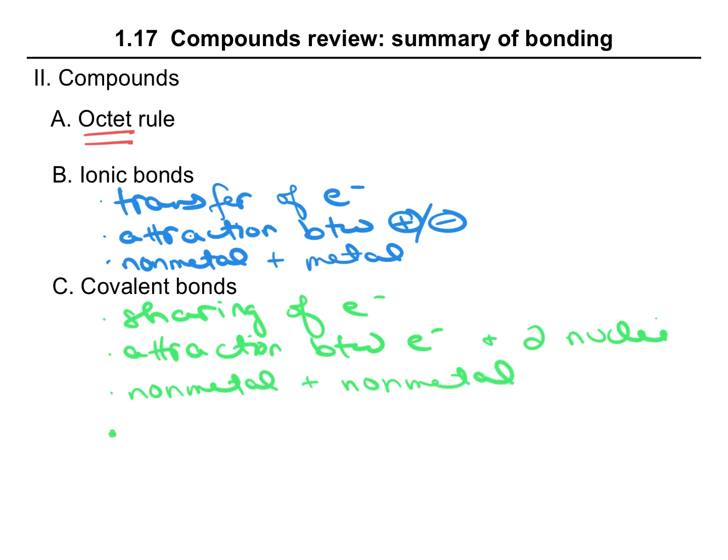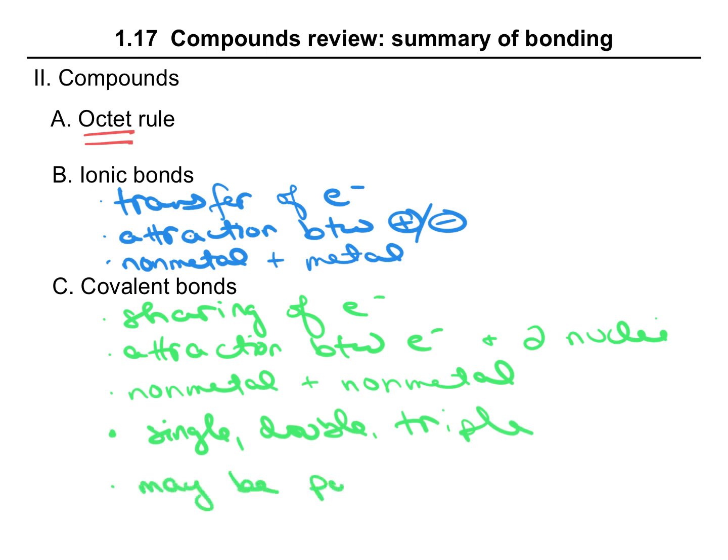When it comes to covalent bonds, in particular, if we're thinking about carbon-carbon bonds, for example, we can have single, double, or triple bonds. And it's also important to remember that a covalent bond could be a polar covalent bond.